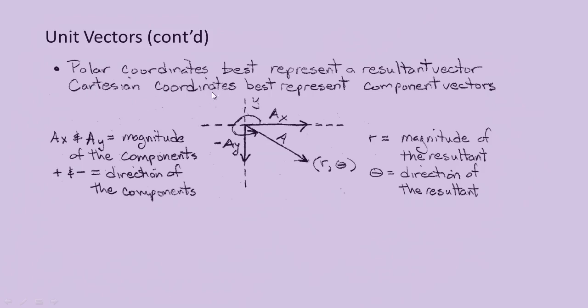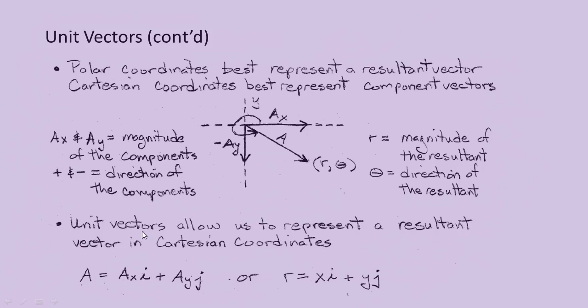Now, Cartesian coordinates are best to represent component vectors, and that's because the x-coordinate tells us the magnitude of the x component, and the y coordinate tells us the magnitude of the y component. And the plus and minus signs tell us the direction of the components. Positive is to the right on the x-axis and up on the y-axis. Negative is to the left on the x-axis and down on the y-axis.